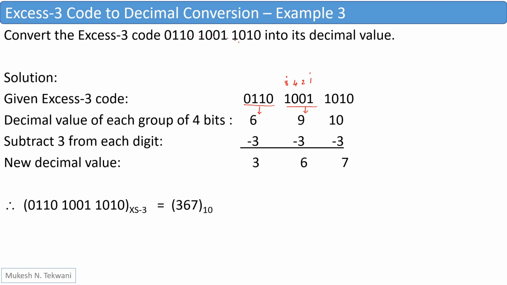Now we are told that this is already an Excess-3 code, and therefore to get the decimal value we subtract 3 from each digit. 6 minus 3 is 3, 9 minus 3 is 6, and 10 minus 3 is 7. Therefore, the original Excess-3 code is equivalent to 367 in decimal.